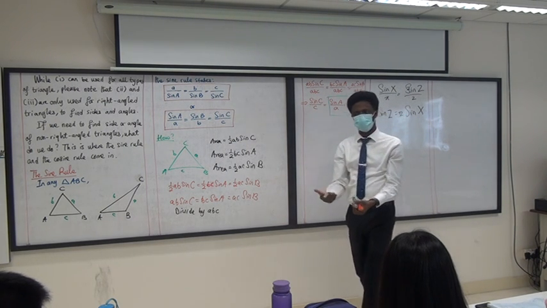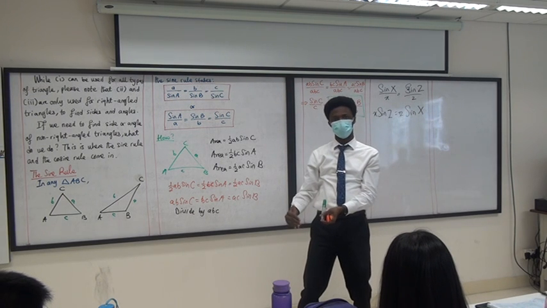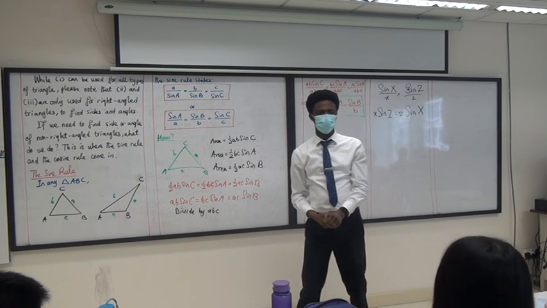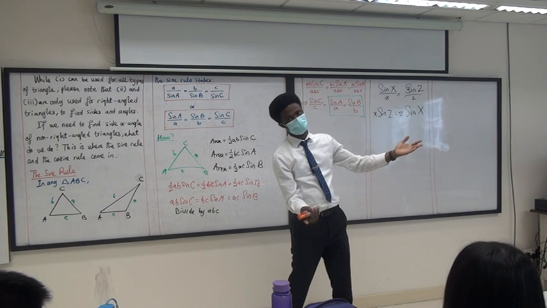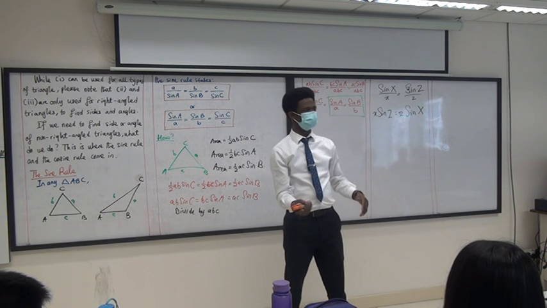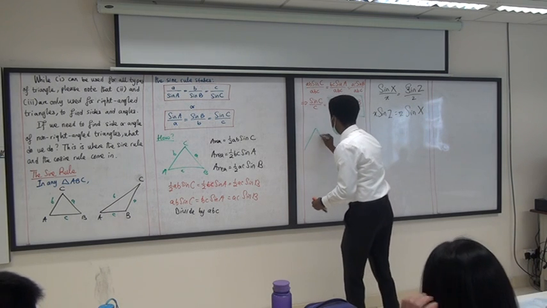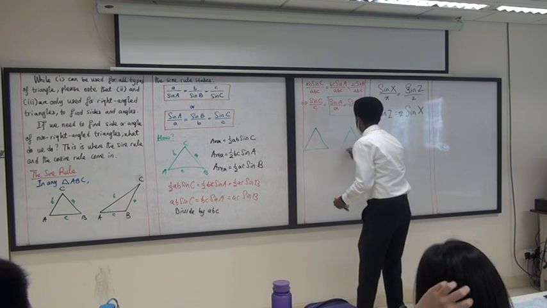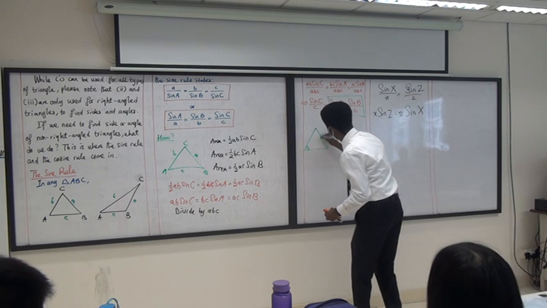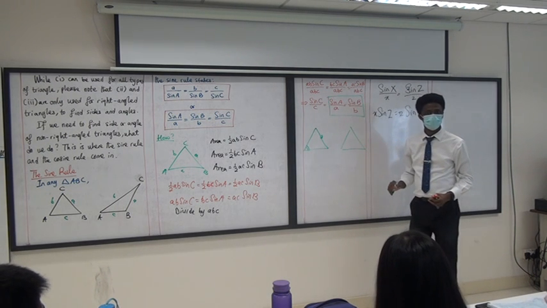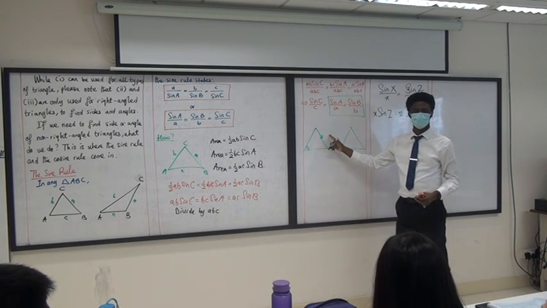What do I mean by A group is complete? Capital A is known, small a is known. Then maybe for the B, you know the angle, you don't know the side, or you know the side, you don't know the angle. Are you with me? So you're having a shape that will look like this, or that will look like this. So there will be one group that is complete. You know the angle and the side.